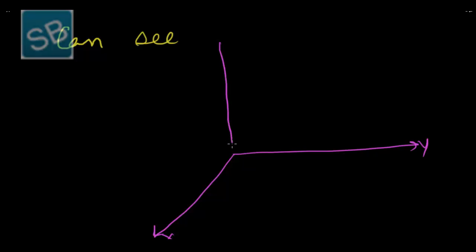So let's see, just draw. This is the y-axis, this is the x-axis, and this is our z-axis. That is three-dimensional space.